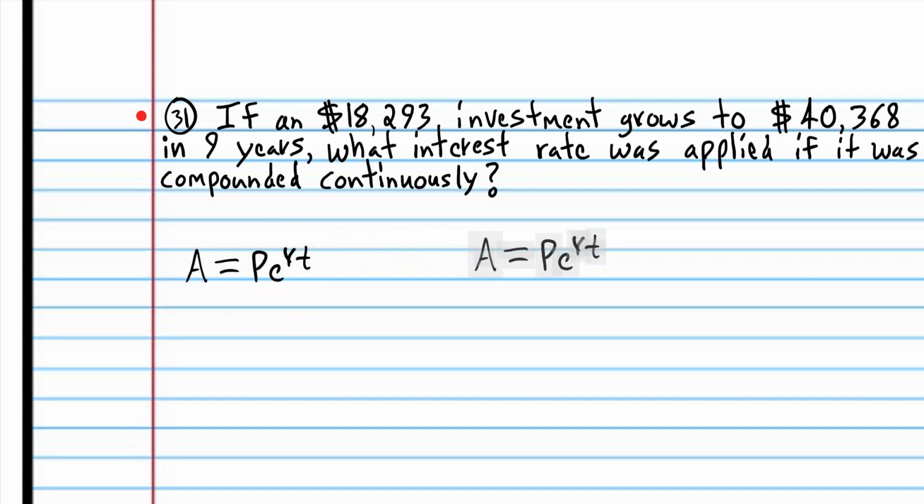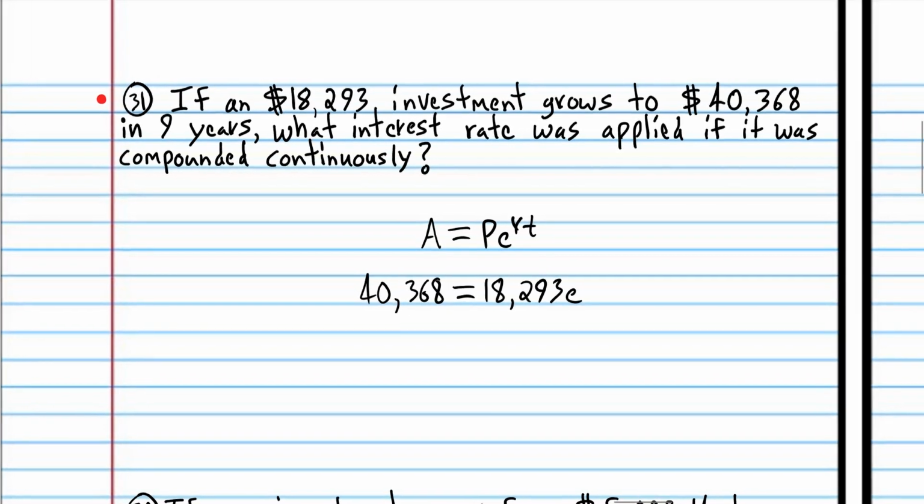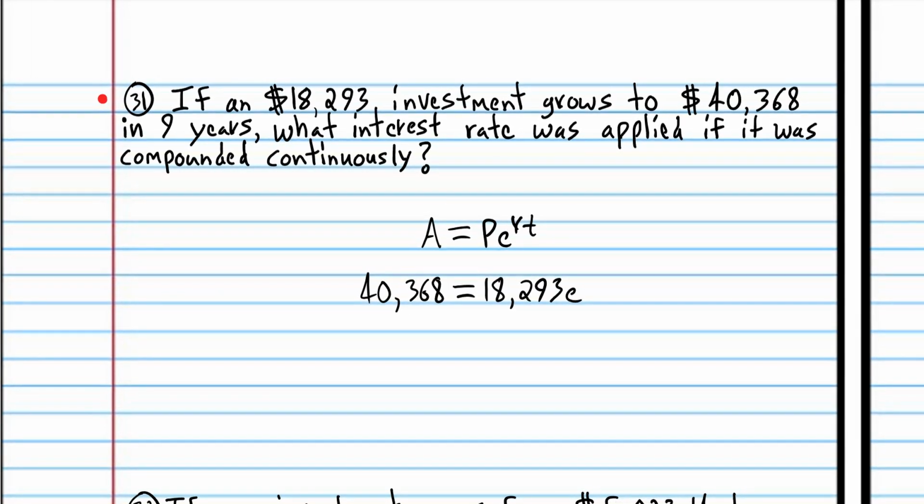So what we're going to do is plug in the numbers that we know and solve for the number that we don't know. So we know that the investment grows to $40,368, and it started at $18,293. And we know that the investment grew to that number in 9 years.